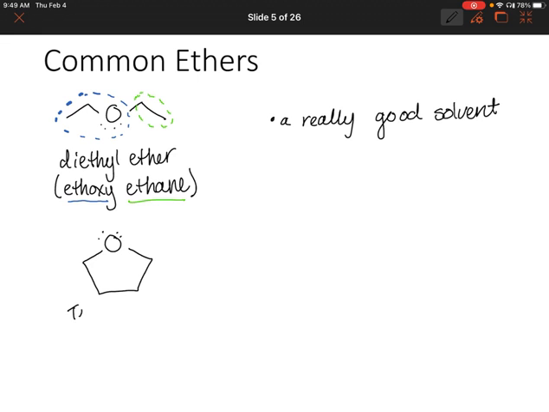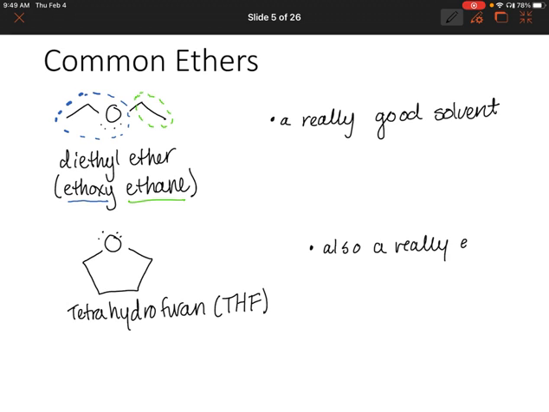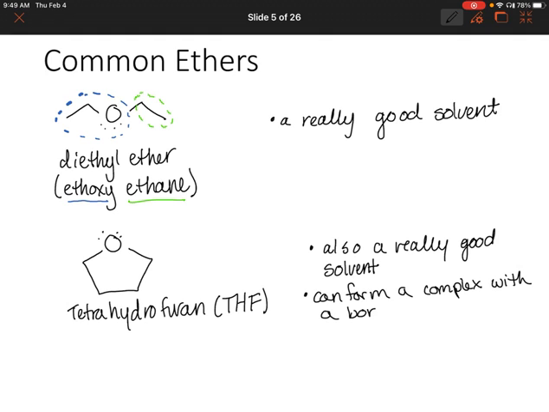So this is tetrahydrofuran, or THF. So this is also a really good solvent. And remember too, like we just said, it can form a complex with a boron-containing molecule.